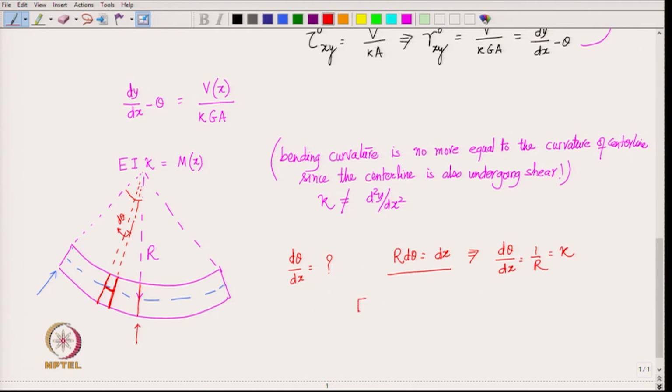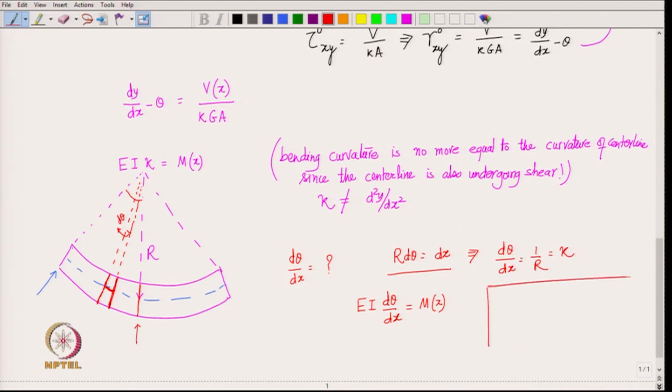So, we can say that EI dθ by dx is equal to bending moment M of x. Okay. So, this is more general. See, in case of Euler-Bernoulli theory, θ was equal to dy by dx, right.